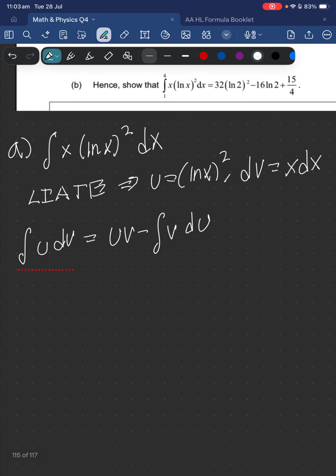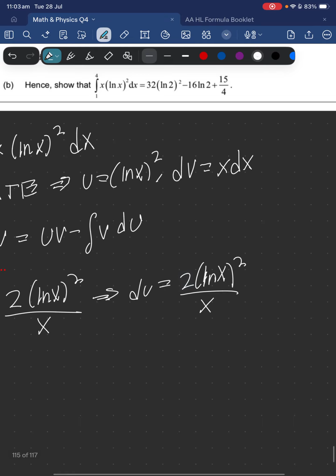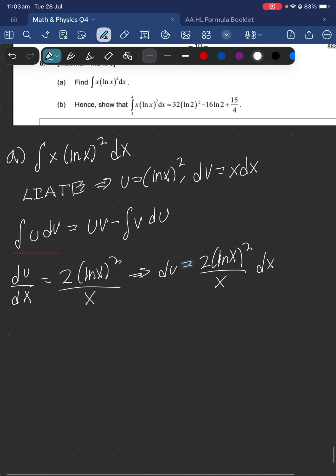So differentiating u now, we get du over dx is equal to 2 times the natural log of x squared multiplied by 1 over x, because it's a chain rule, which we can divide by x. So du is equal to 2 times the natural log of x squared divided by x multiplied by dx. v is equal to the integral of dv, which is the integral of x dx, which is x squared over 2.